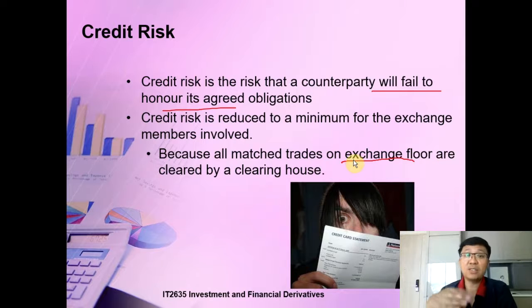And with all these daily settlements, the chances of you running away are slimmer, right? So the stock exchange in a way helps cover some of your credit risk when you're supposed to pay up but you didn't pay up.